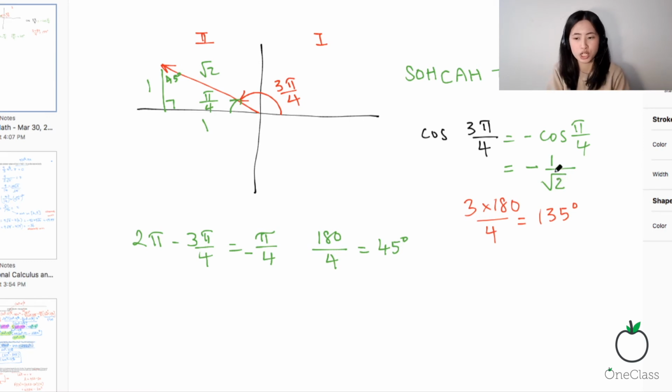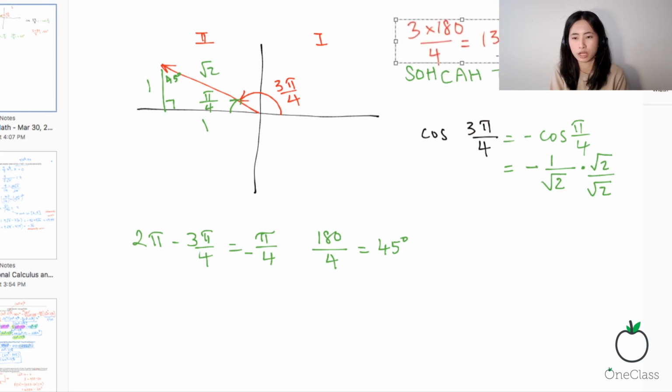And because we want to rationalize, we can't have radicals in our denominator, therefore we need to multiply this by square root of 2, right? Because remember in math you cannot have a radical in your denominator. Okay, great.